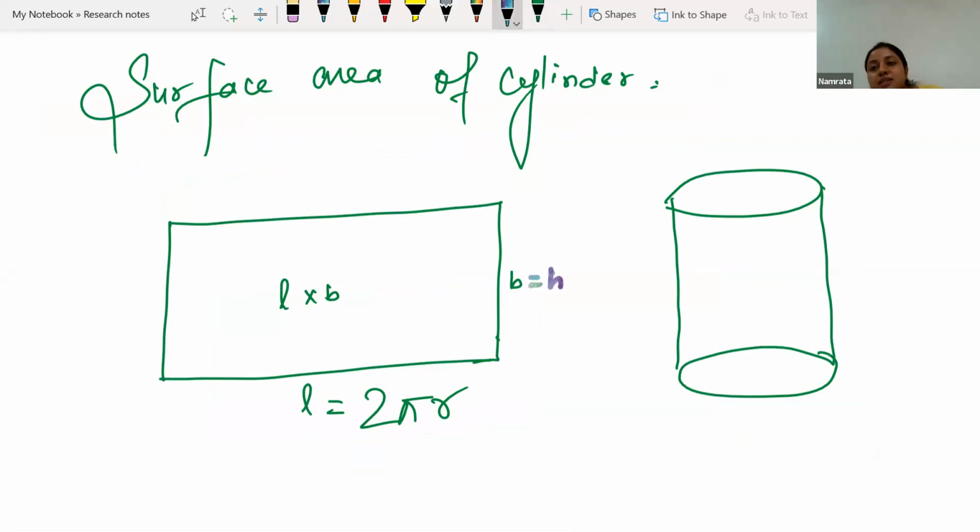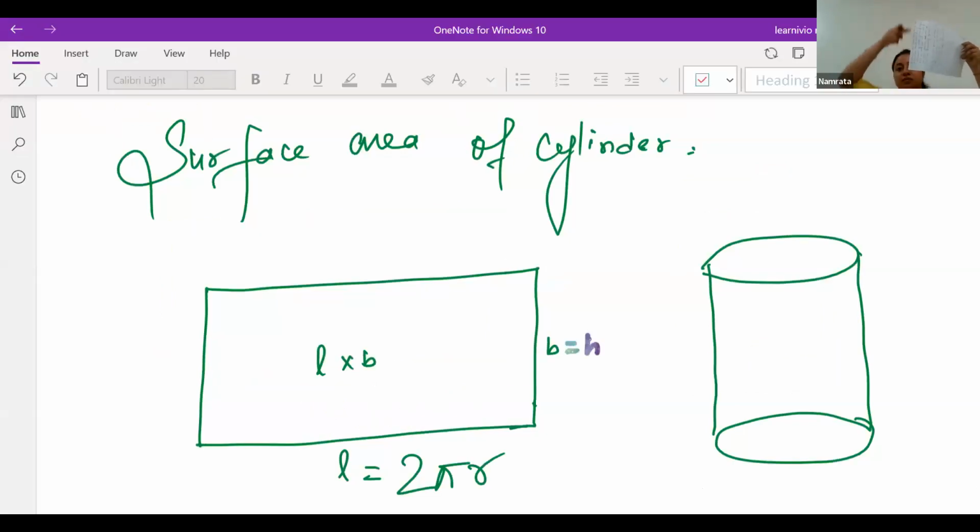If you can see, again my rectangular sheet, this was the breadth. Now I am folding it. Can you see it is just becoming the height of the cylinder? So the breadth or the width, whatever you say, we are utilizing as the height of the cylinder.